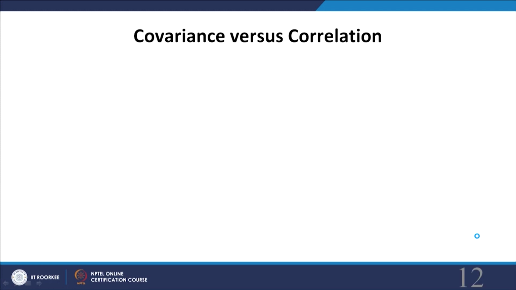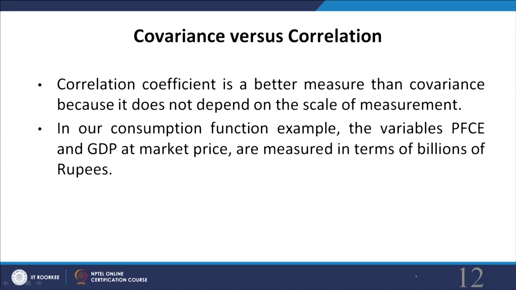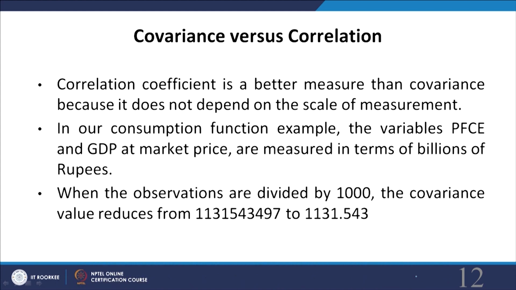Now, we compare covariance with correlation. The correlation coefficient is considered to be a better measure than covariance, because it does not depend on the scale of measurement. It is a ratio, so it is a scale free measurement. In our consumption function example, the variables P, F, C, E and GDP at market price are measured in billions of rupees. When the observations are divided by, say, 1000, the covariance value reduces from a very large number.